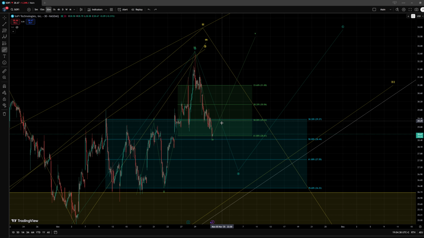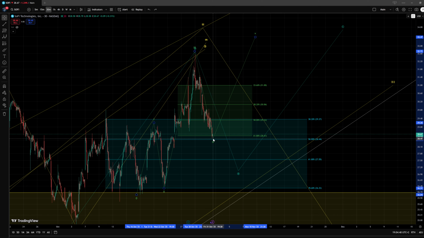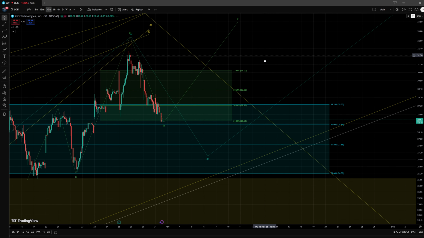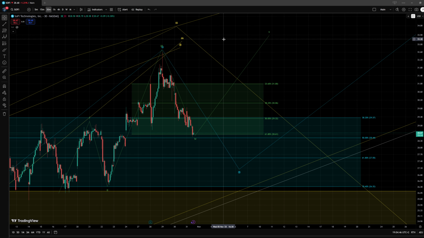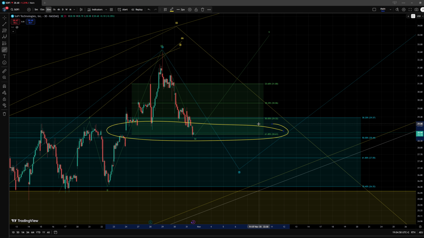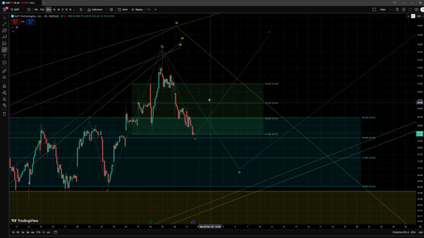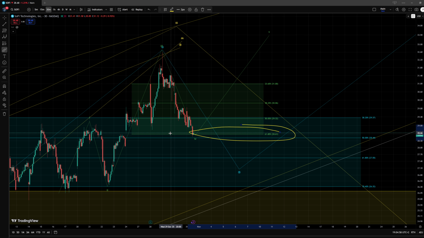But as I was saying, this support zone is already towards the end of its life. It is hanging by a thread, and it can still work out. In fact, it is not even the worst trade idea. It is not a high probability trade setup, but it is at the bottom of the support zone, and you know that if we fall and sustain below the 61.8% retracement, this is probably not going to work out.